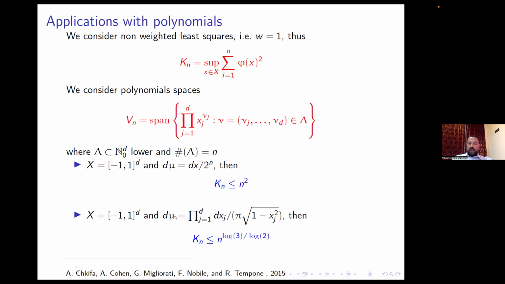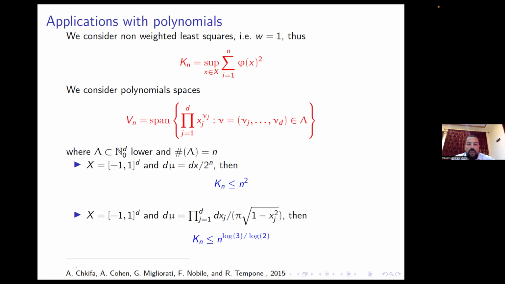And I think Giovanni has a paper where for different families of measures, these are also tensor products of Jacobi measures, he has estimates of Kn. So in this setting, we know that, for example, if the sample size is n squared log of n, or n to the log 3 over log 2 times log of n, up to some constant, of course, we have stability and we have accuracy of the weighted least square, backed by the theorems I just presented in the last slide.